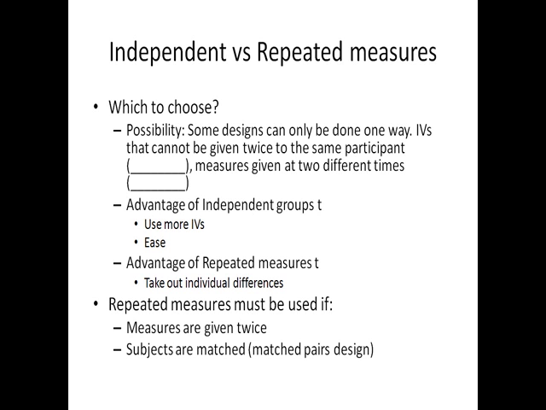And the last topic is choosing an independent versus a repeated measures design. So far, the only independent groups design we've talked about is the independent groups t-test. The only repeated measures test we've talked about is the repeated measures t, or related groups t. Well, when we're choosing which one to use, some designs can only be done certain ways.